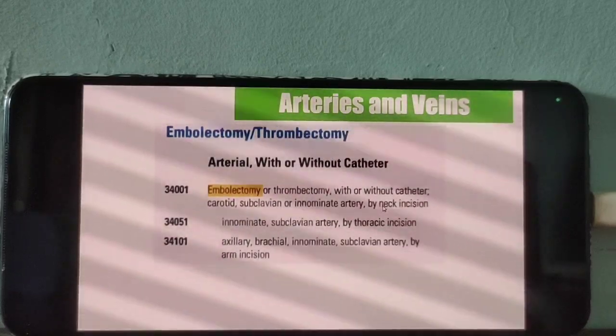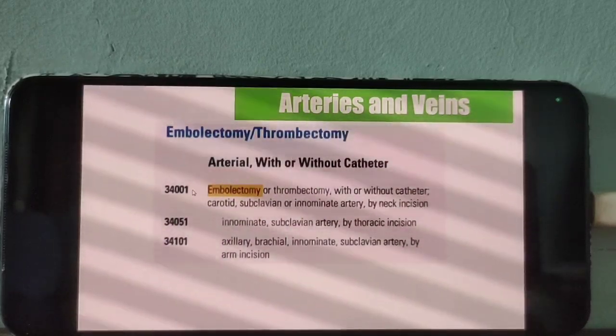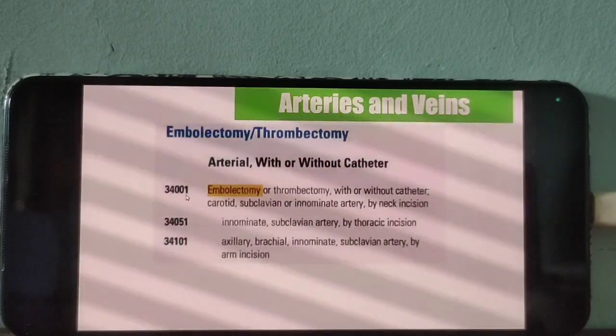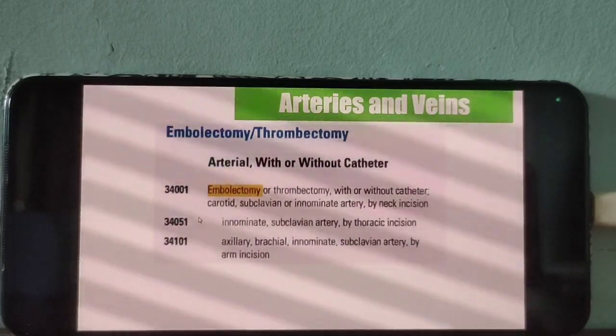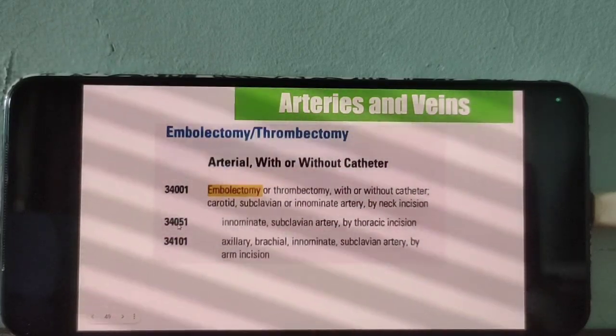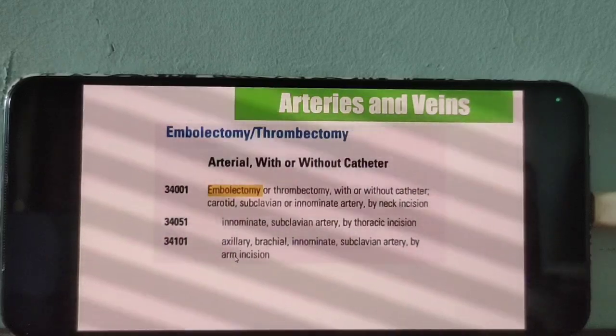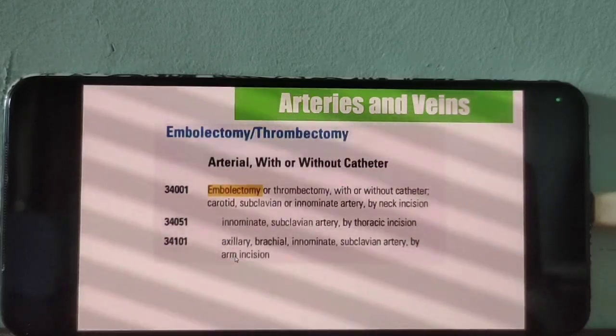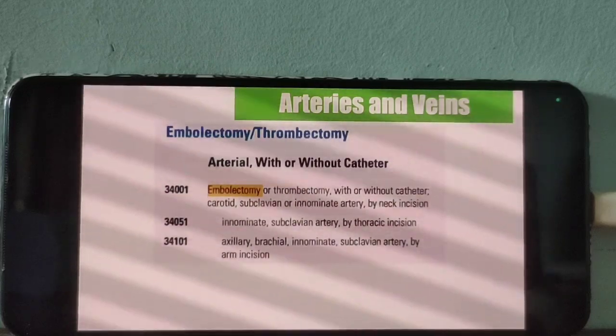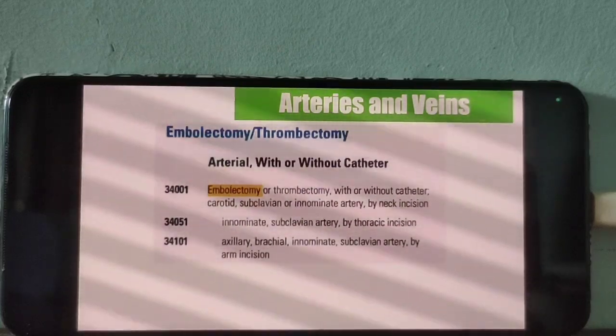So these are the key terms. Underline that neck incision is the key term for 01, thoracic incision is the key term for 51, arm incision is the key term for 101.